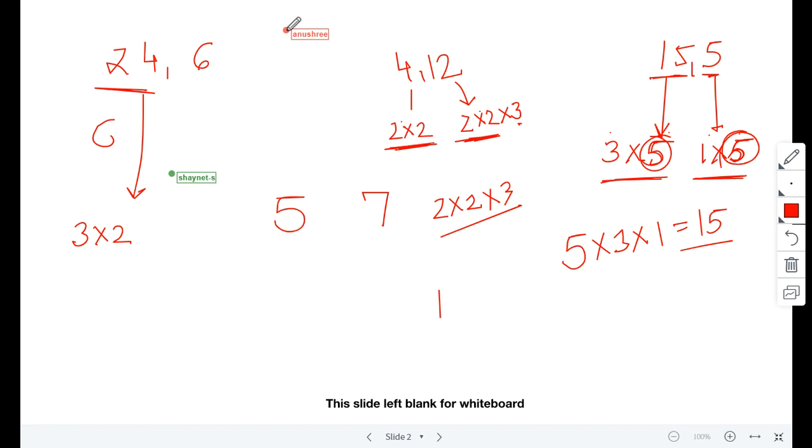How can you make the factors prime factors?